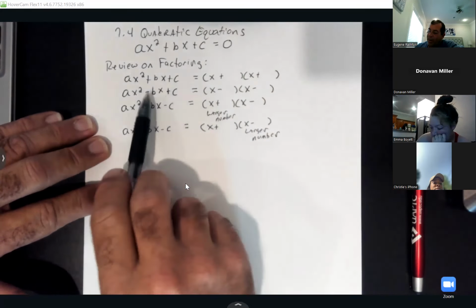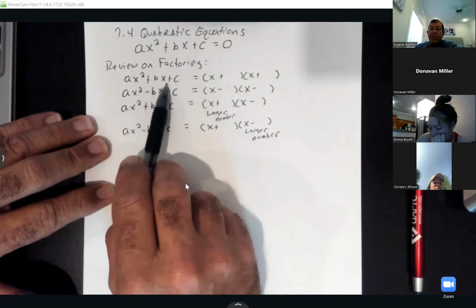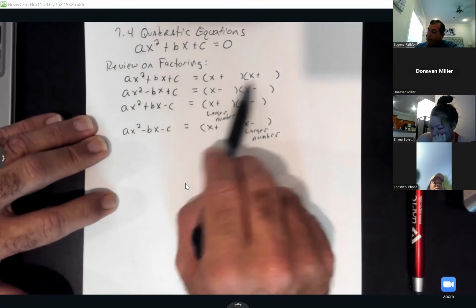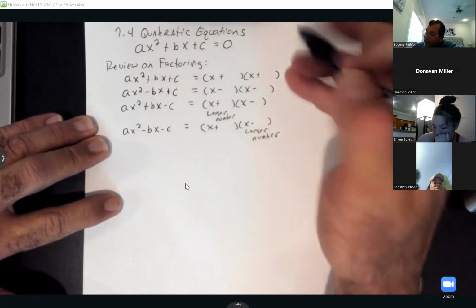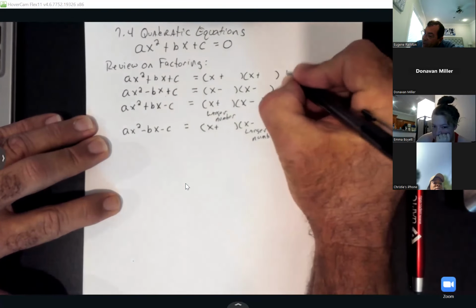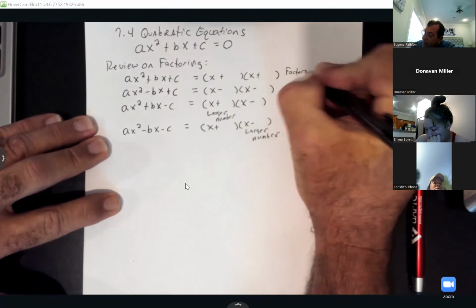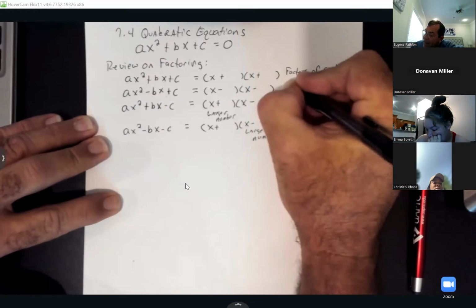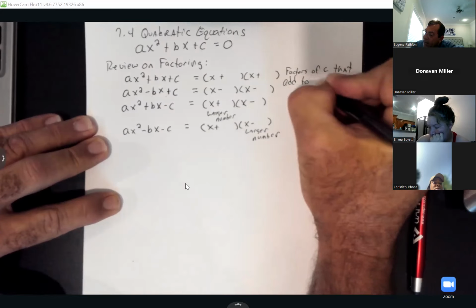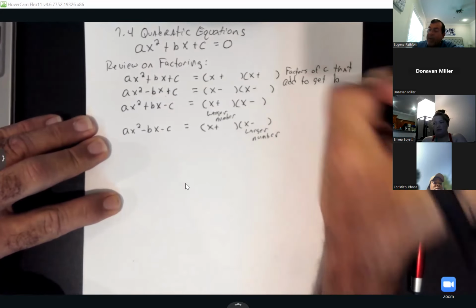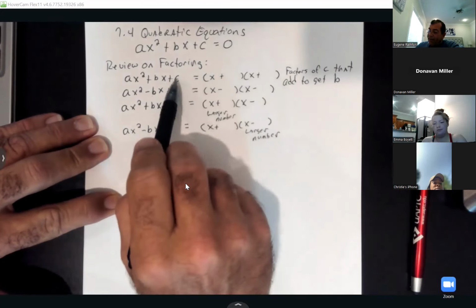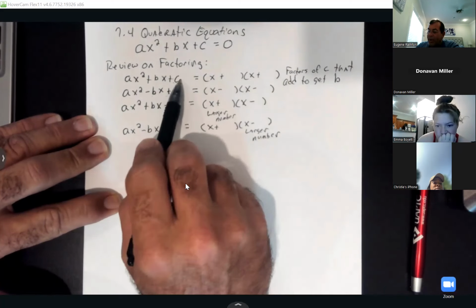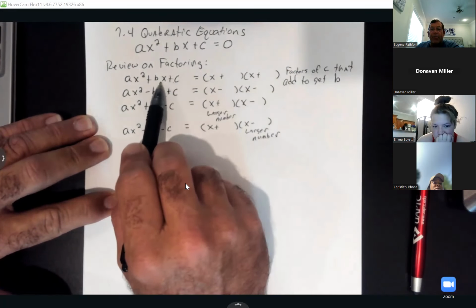All right, y'all, so let me start back on the top. If I got all these numbers are positive, my two factors will both be positive. And what we do, we find factors of the C that add to get the B. So I'm going to find factors of this last number that add to get the number in the middle.